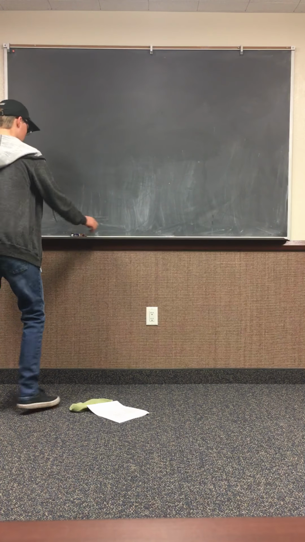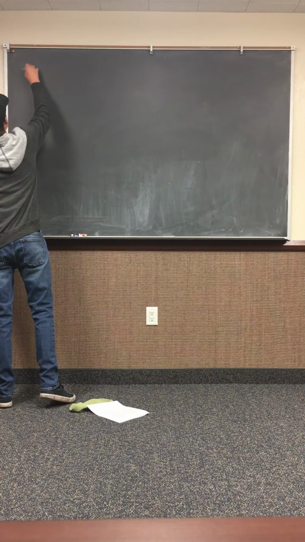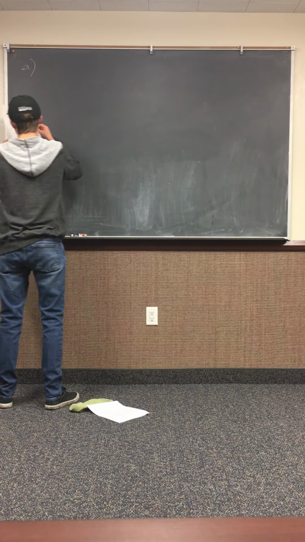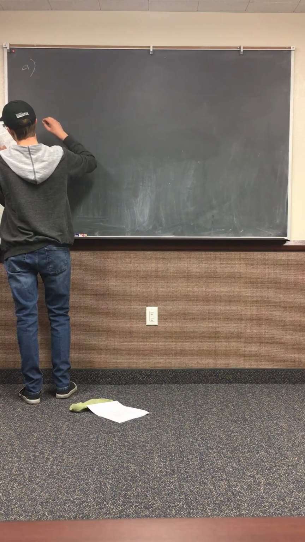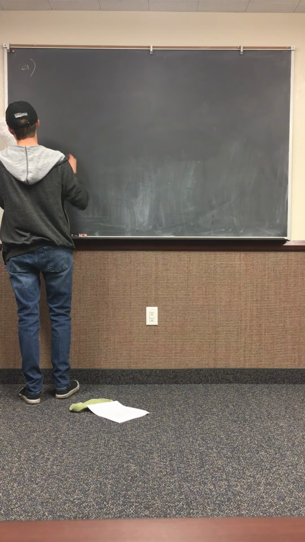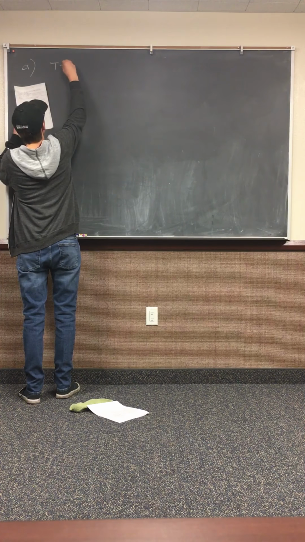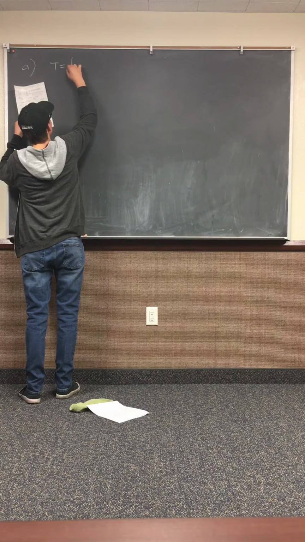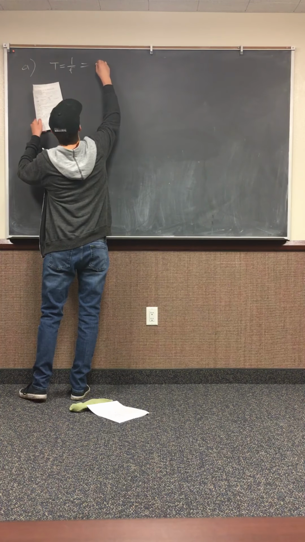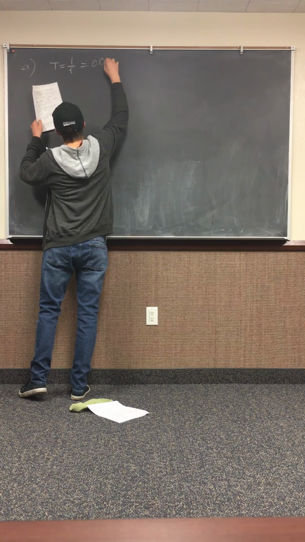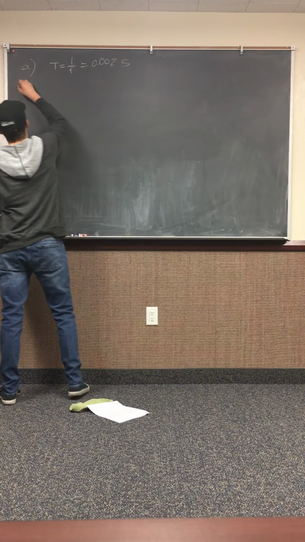Okay, so for part A, we can say that we have a frequency of 466 hertz. So period is equal to 1 over the frequency, which equals 0.002 seconds.